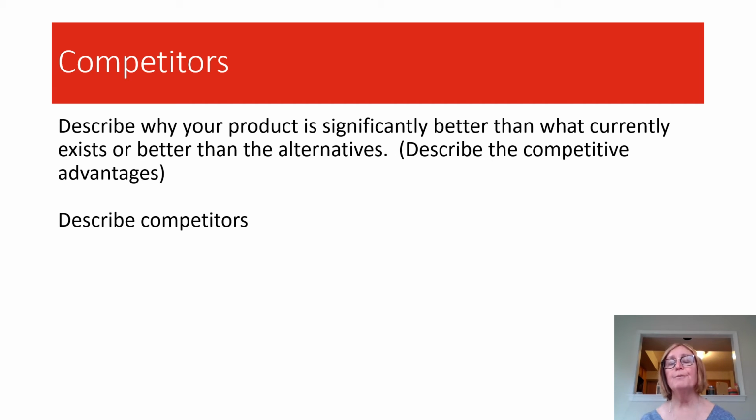So what you're doing in this section is really describing your competitive advantage. And through that description, you want to provide some examples of the competitors that are in your space. You really want to be clear in this section and describe why you think your product or service is different and better than what is currently available out there. And that's really the crux of what you're trying to convince the judges of.